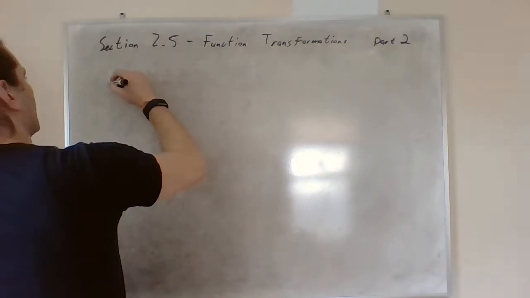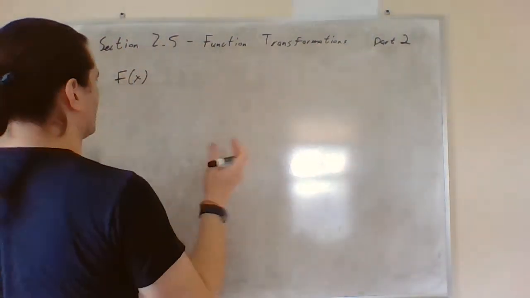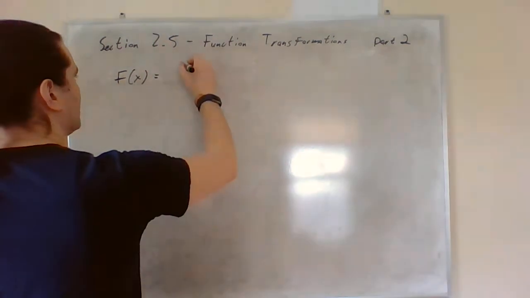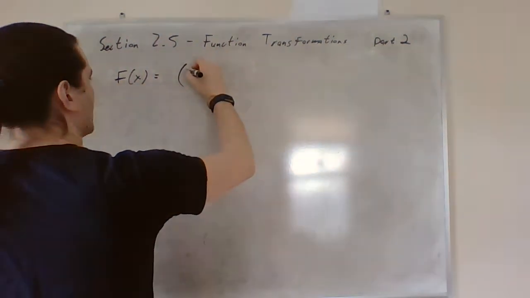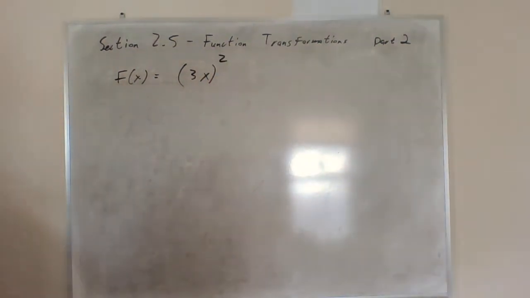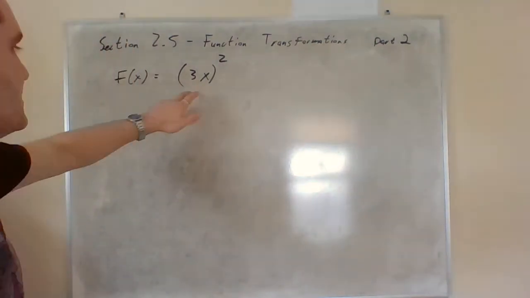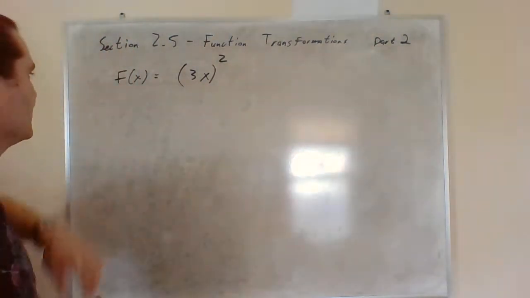So if I want to create a horizontal stretch or squish, I'm going to try something like (3x) squared. So we're going back to the parabola. I think the parabola is easier to illustrate what's happening here.